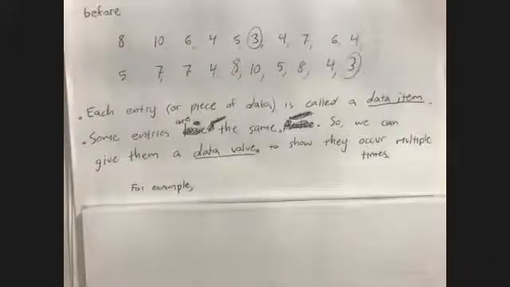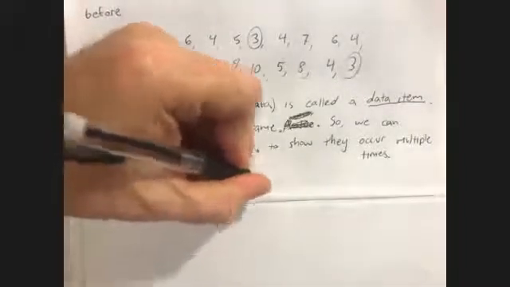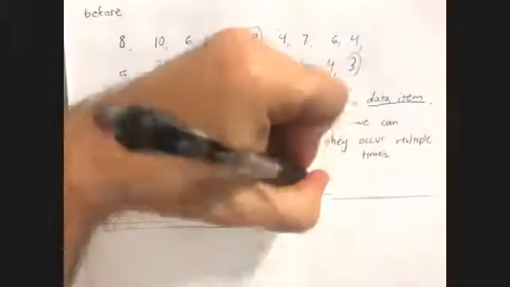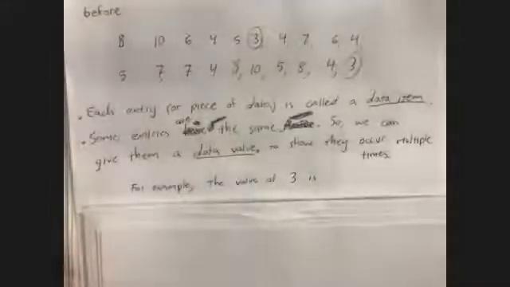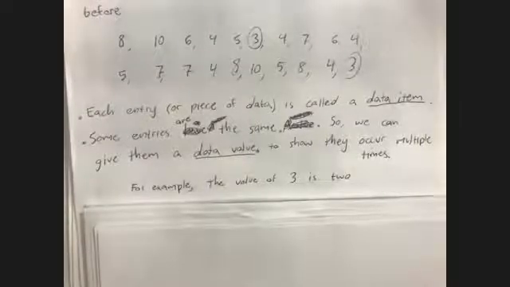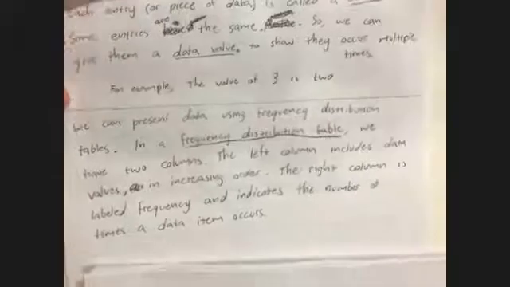So I would say the value of 3, because that's my entry, is the number of times it shows up, which is 2. We're going to talk more about that in a bit, because we can take all of this data and make more concise representations. And that's what we are going to do next.